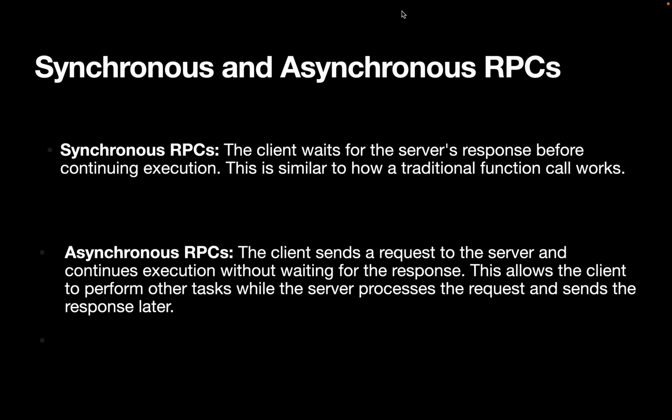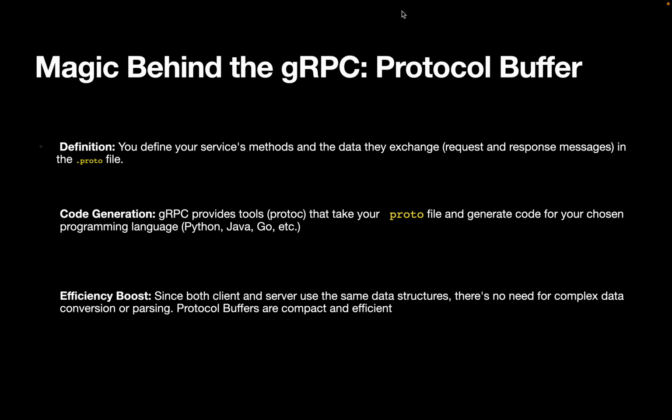And then in asynchronous RPC, the client sends a request to the server, and then it doesn't wait for the server response but continues execution. The server can respond at any time, and the client will accept that response and process it. That is called asynchronous communication, where it does not always call and wait immediately for the response.